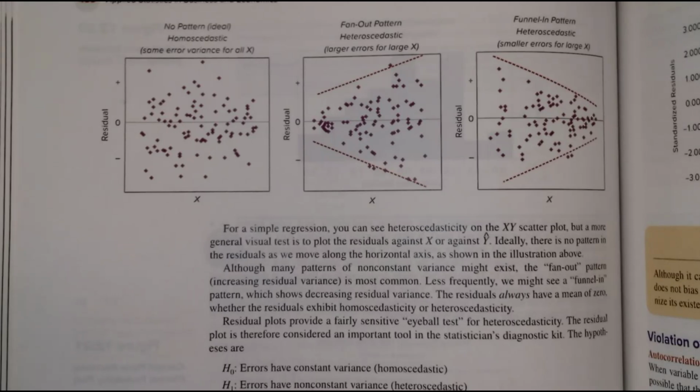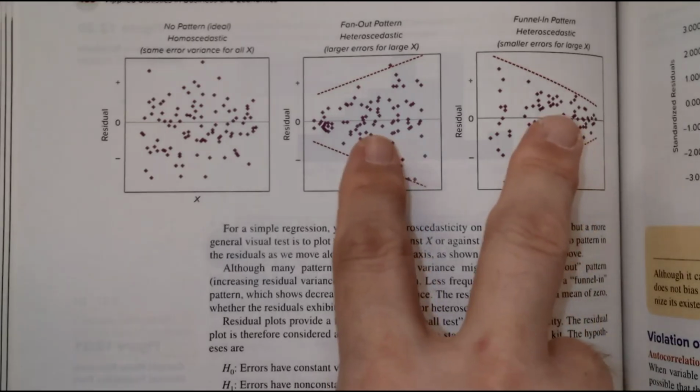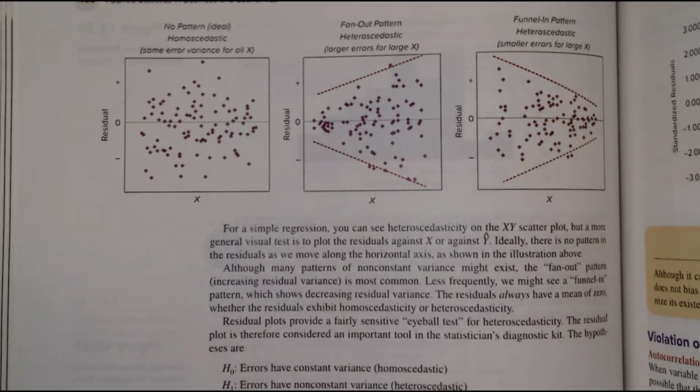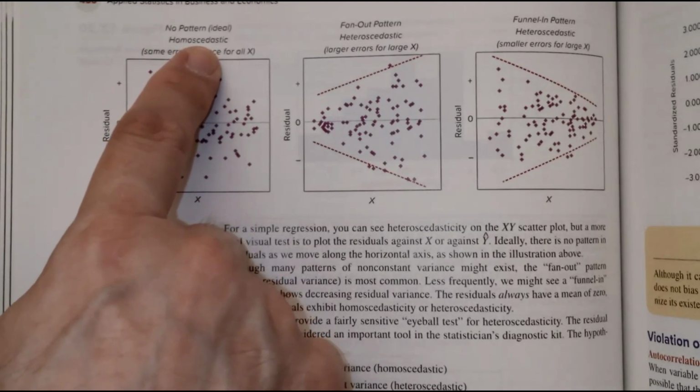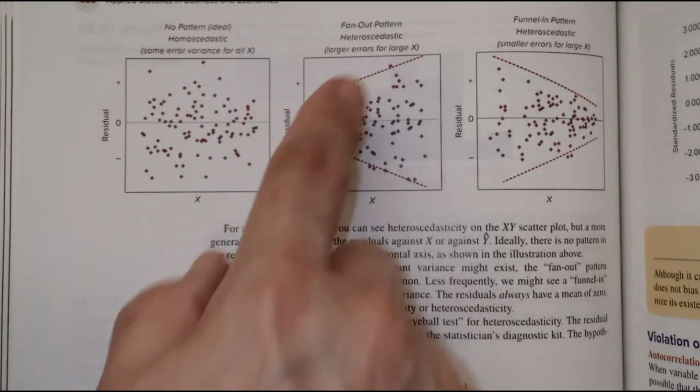So these two tell me something's going on. I can call it a fan out or a fan in pattern. The formal term for this, I will never ever use again. When it's the same all the way across, it's homoscedastic. And when it's different, it's heteroscedastic.